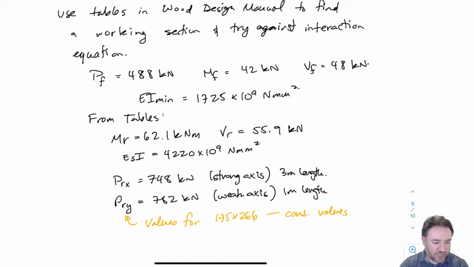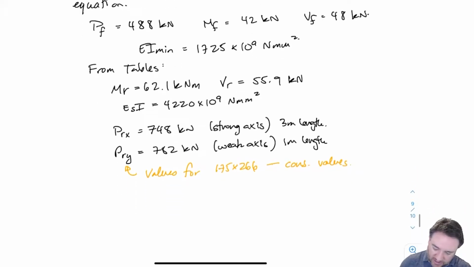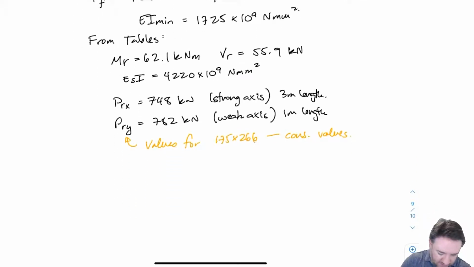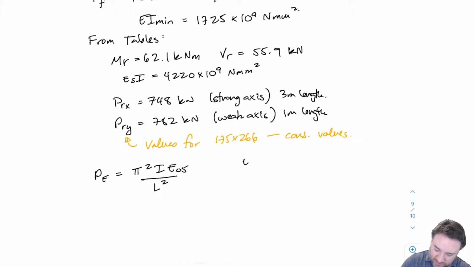Okay, so I haven't actually calculated PR and MR. I'm just going to use the values from the table just to check the axial load and bending interaction equation now, before I do too much effort. Okay, so the first thing that I need, though, is PE, which is my Euler buckling load. Which is like this. And what's my E05?